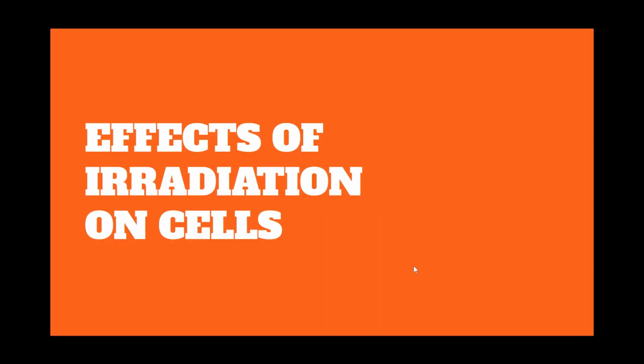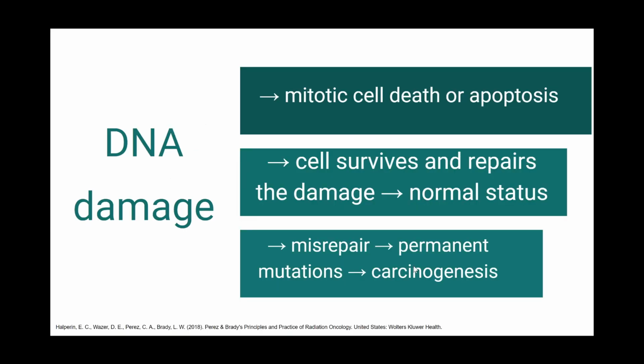So, coming to what the effects of radiation on a cell are. The first and foremost effect is DNA damage. DNA damage in itself can lead to three things. It can lead to mitotic cell death or apoptosis. Your cell can survive, it can repair itself and come back to the normal status, or it can misrepair and lead to some sort of mutation.